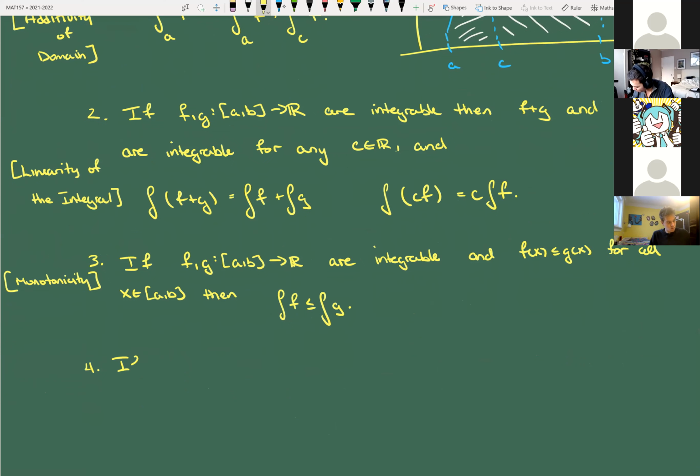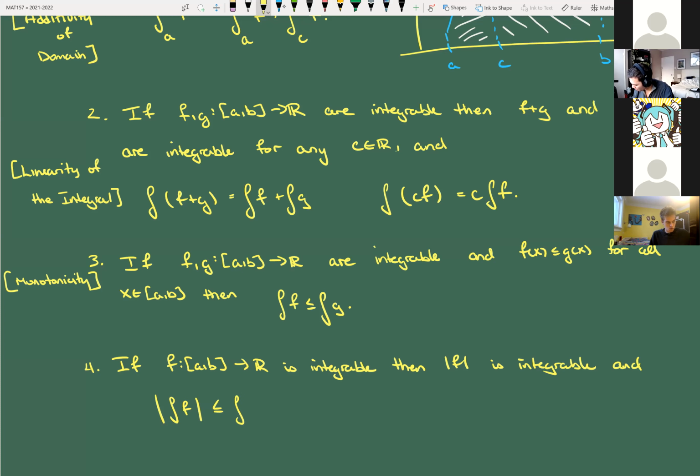So if f is integrable, then the absolute value of f is integrable. And the absolute value of the integral of f is less than or equal to the integral of the absolute value of f.